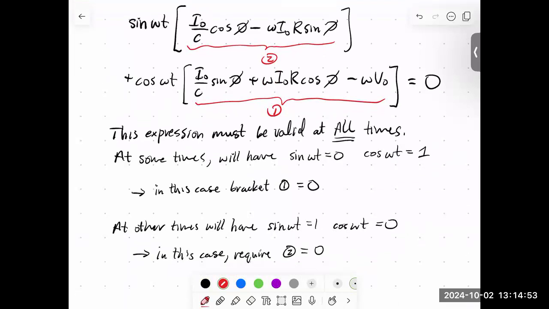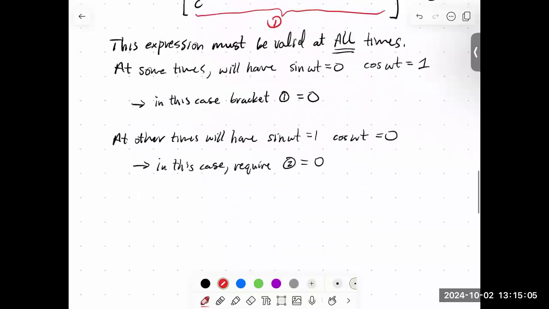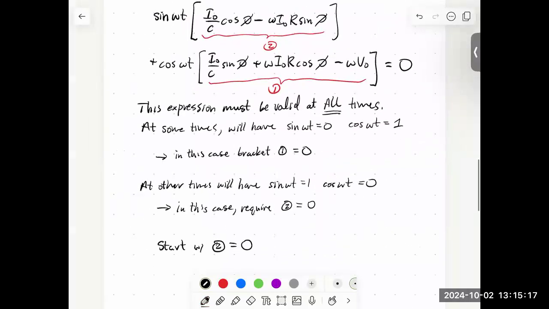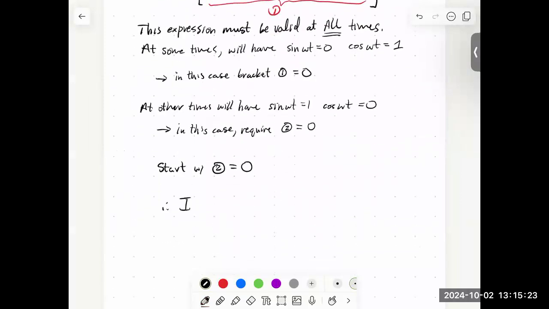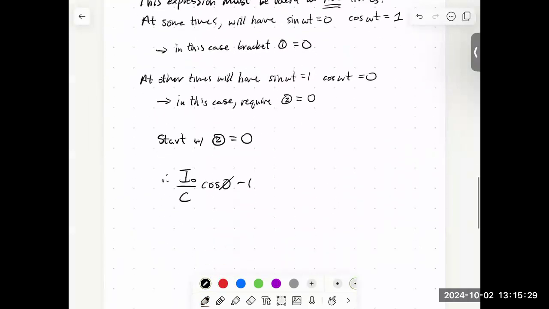Okay, so let's start with the easier one that has only 2 terms, the second one here, the one that multiplies by sine omega t. So let's start with 2. And all we're going to do is set 2 equal to 0. It's I naught over c cos phi, so I naught over c cos phi minus omega I naught r sine of phi is equal to 0.